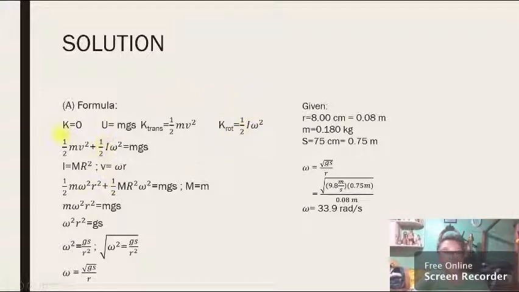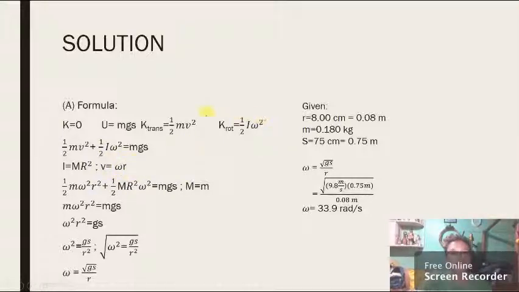We're gonna add them, and that is equal to the potential energy. Since the axis is perpendicular to the center of the spin, our I will be equal to mr squared. And we all know that V is omega times r.